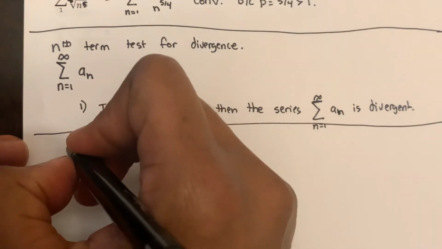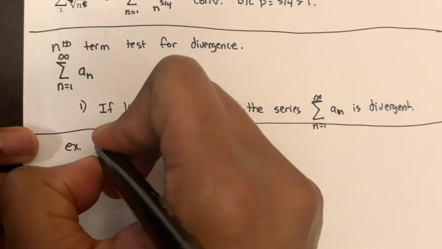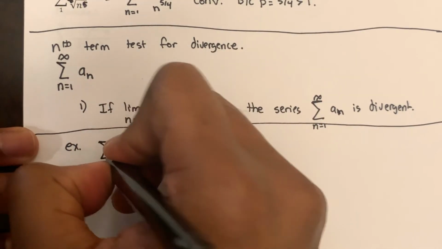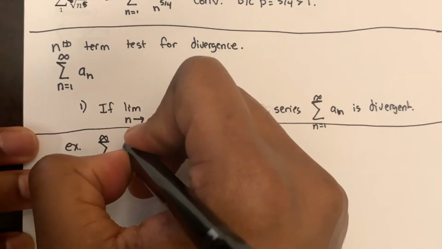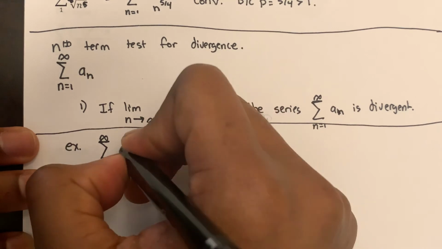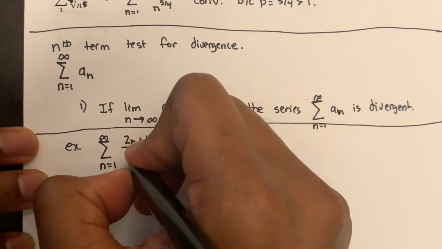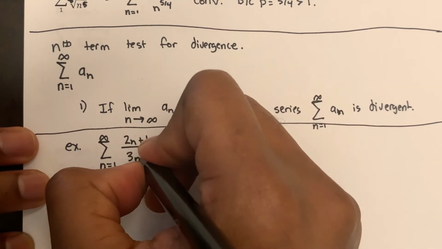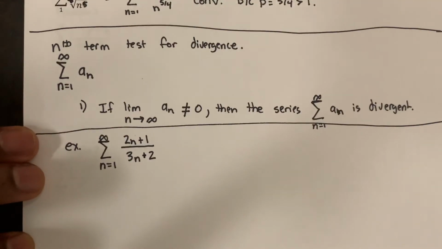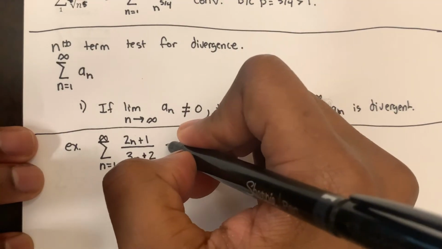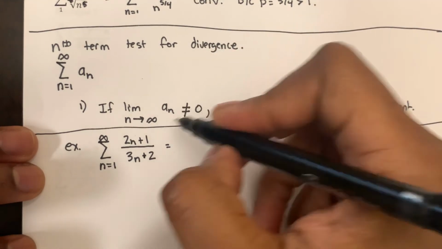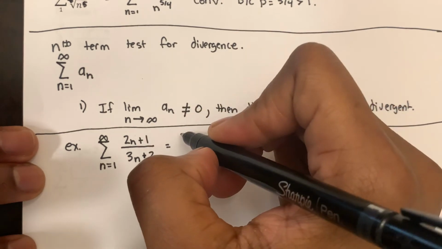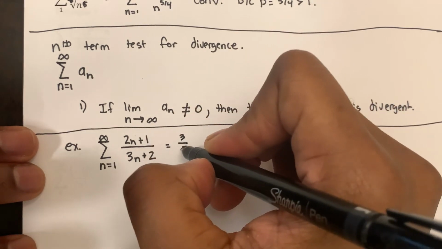Now, an example of this is, say we had the series, something very simple: n equals 1 to infinity of 2n plus 1 over 3n plus 2. If we list out the first handful, like the first 5 terms of this series, when n is 1, we have 3 over 5.